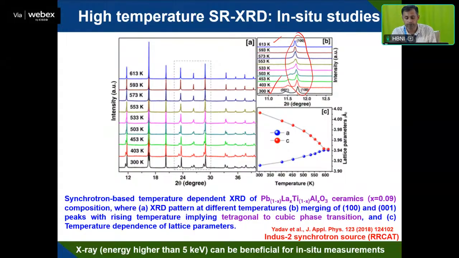The shifting is in this direction, which clearly shows that some sort of change is going on because of the temperature effect. In this particular example, the lanthanum titanium aluminate tetragonal to cubic phase transformation you can see using this type of synchrotron XRD.